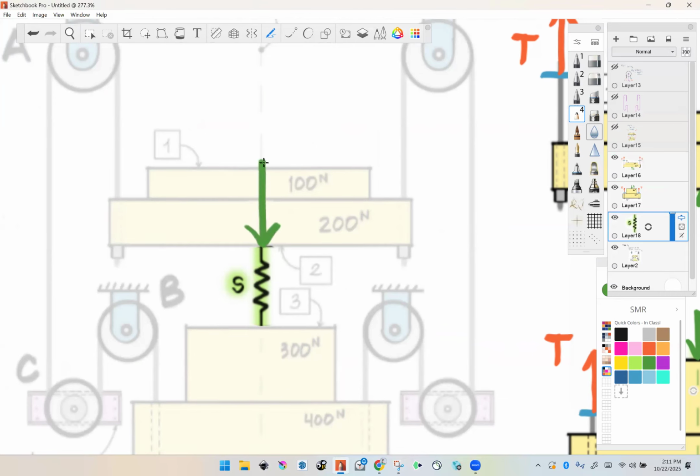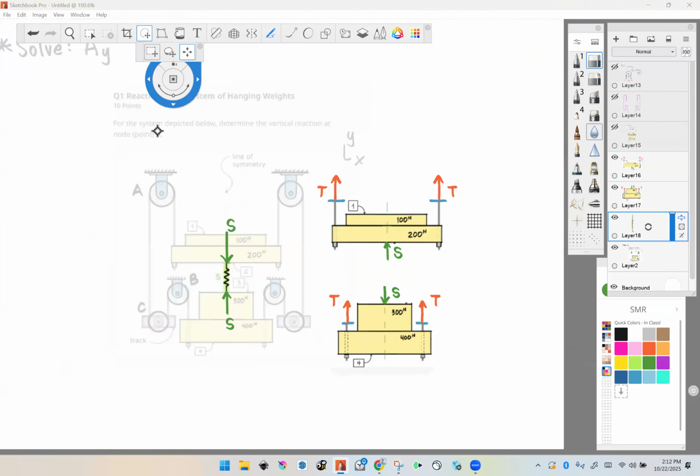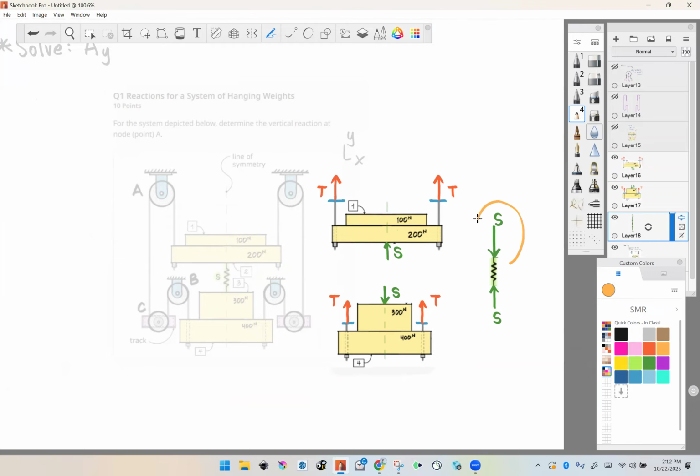It looks like this, so that's the spring force, S. In all three of these free bodies, they're all valid free bodies, and they're all showing the same thing: arrows toward the body, compression traveling through that system. Now, where are the Newton's third law pairs? These are the Newton's third law pairs, and these are the Newton's third law pairs. That's what's happening at that point in space.